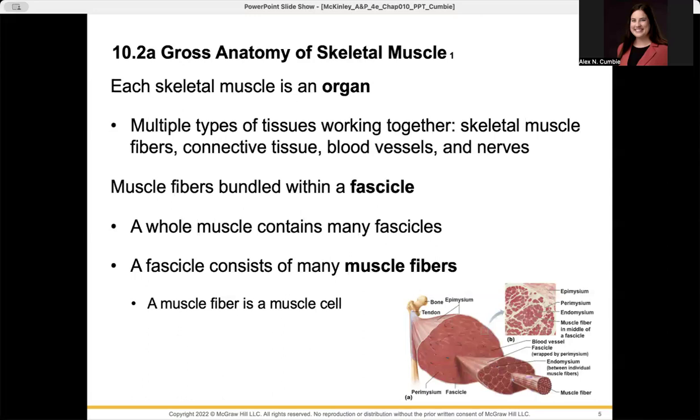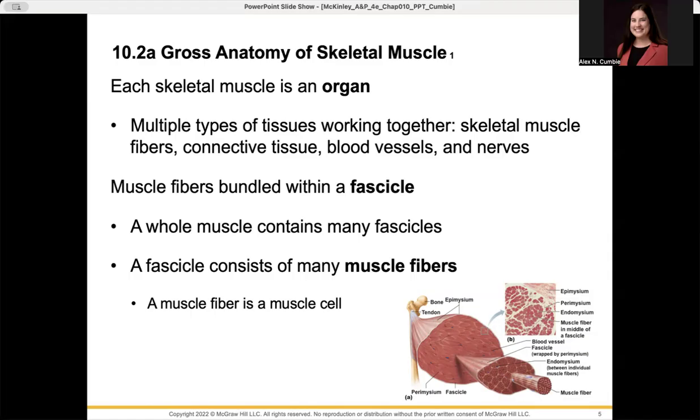So we're going to look first at the gross anatomy of skeletal muscle. Each skeletal muscle is considered an organ for the musculoskeletal system, and they all work together to perform a specific function depending on what muscle group we're looking at.